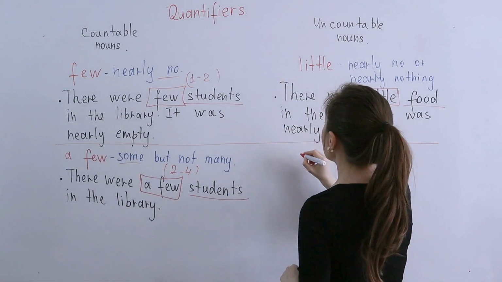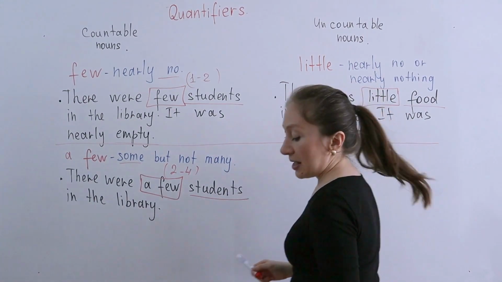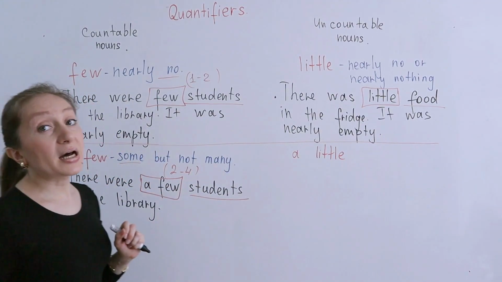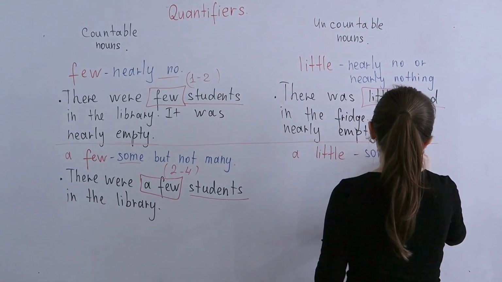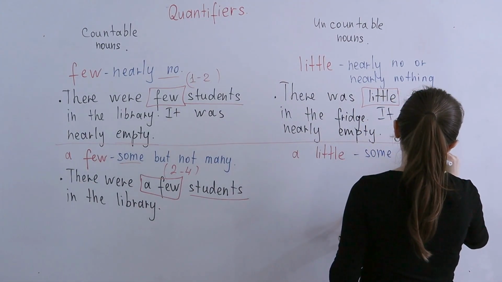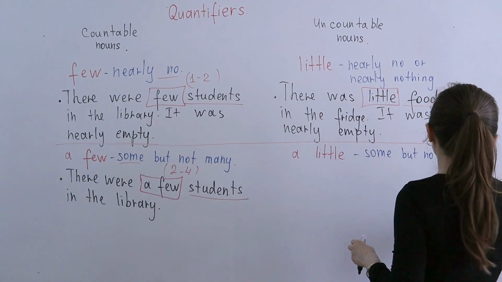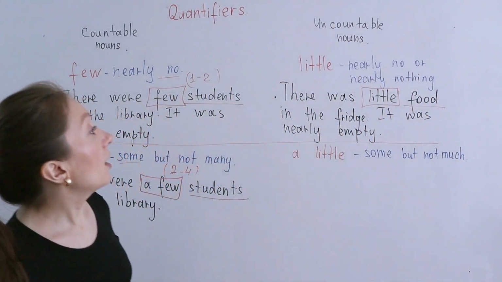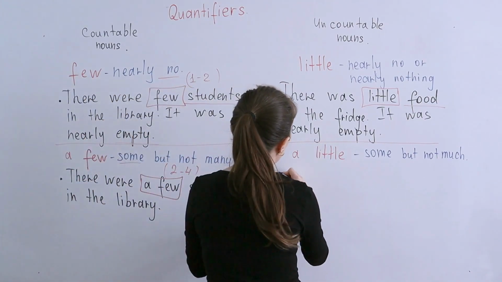So the next example with uncountable nouns. Little, here we will say a little. A little, in the meaning of some but not much. So the same example.